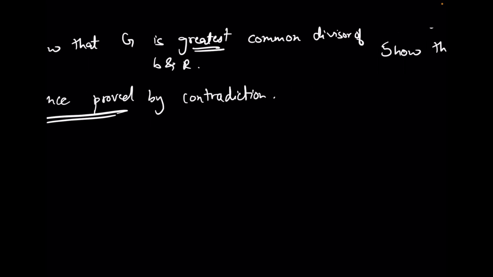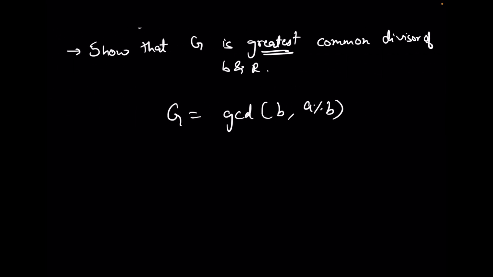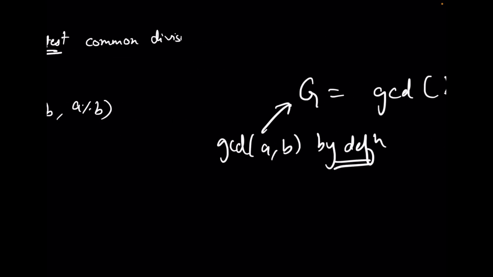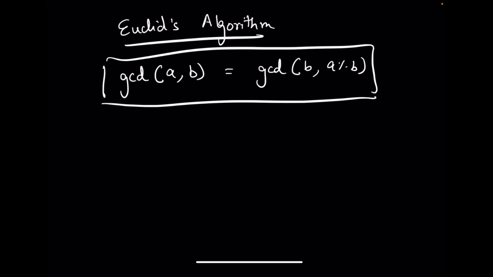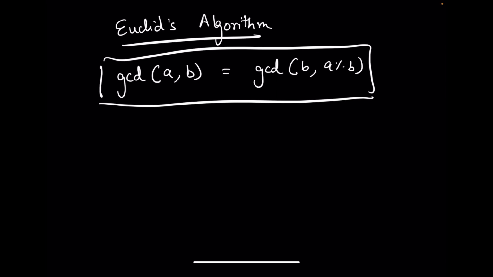Now we know that G is the greatest common factor of B and R, and R is basically A mod B. But G is also the greatest common factor of A and B, by definition. This means that we've proved what we wanted to prove, that GCD of A comma B is equal to GCD of B comma A mod B.